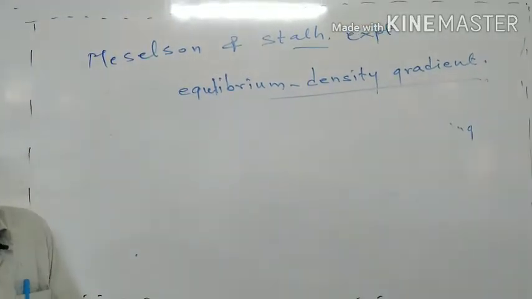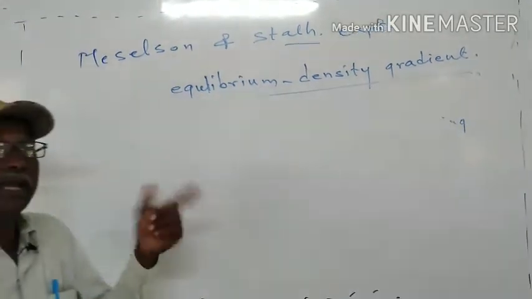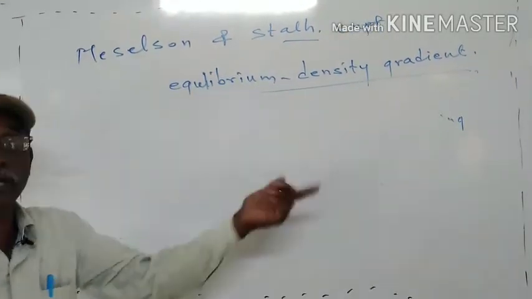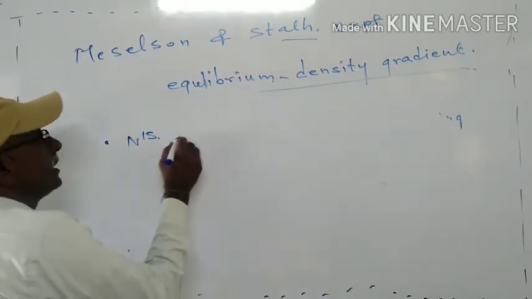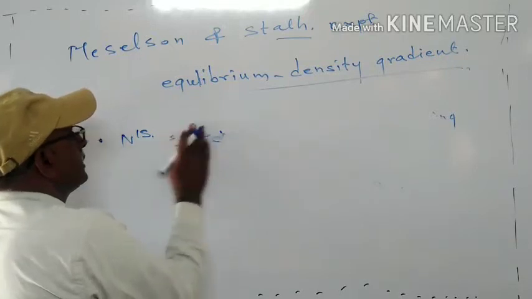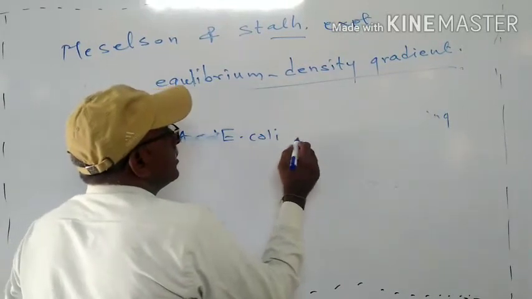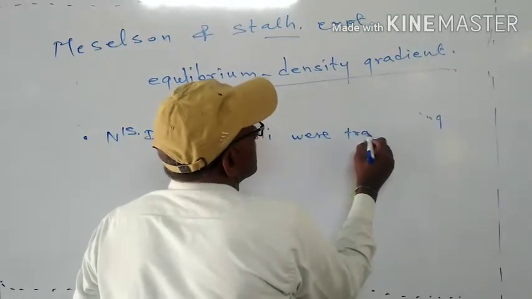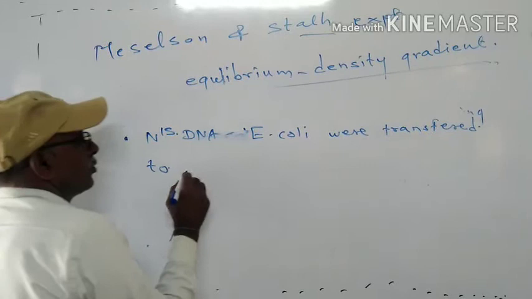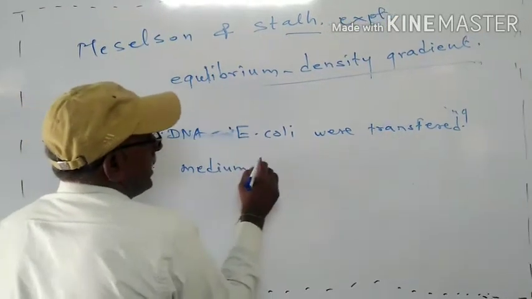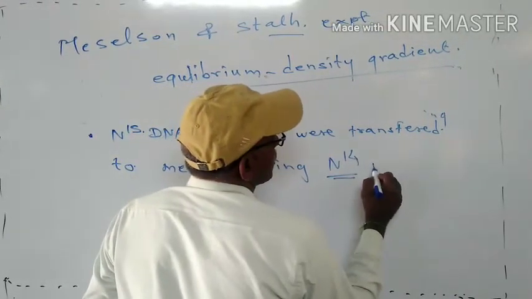Such N15 DNA E. coli will transfer in the medium which contains N14 nitrogen, to a medium having N14 nitrogen.